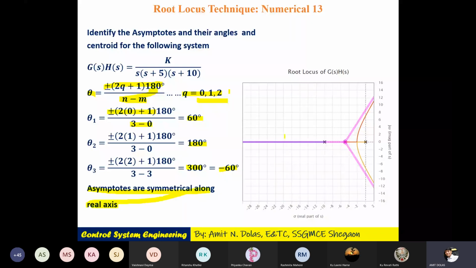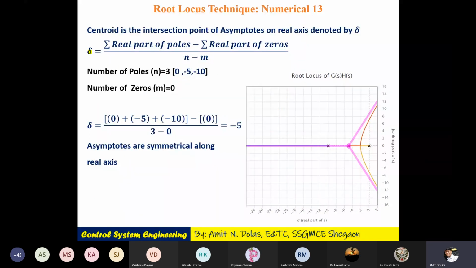So again, where are the asymptotes? Whether it is here or here or somewhere else, that can be found by calculating the centroid. The centroid formula, I think you have learned now. The centroid is the summation of real part of poles minus summation of real part of zeros, divided by the difference between poles and zeros.